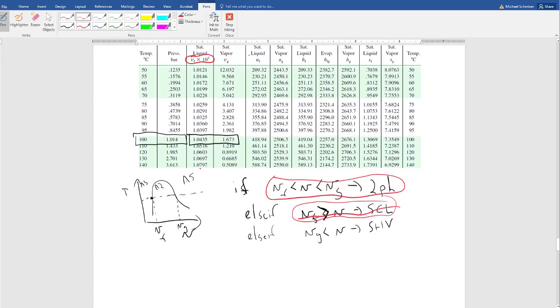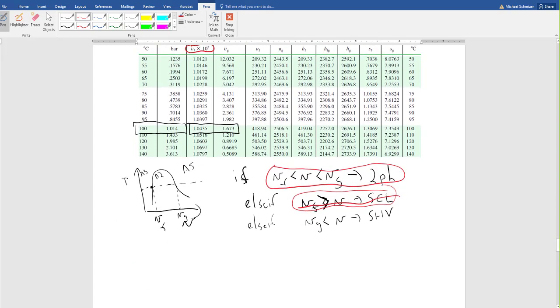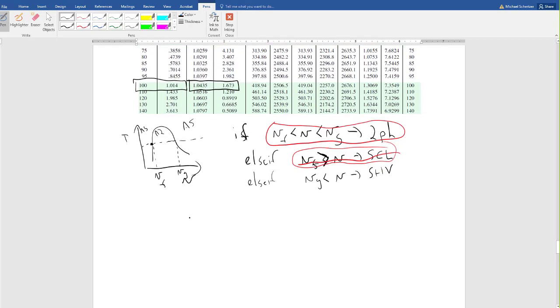Now what I have to do is use the quality equation twice. I know that v at the given quality is equal to vf plus x times (vg minus vf).